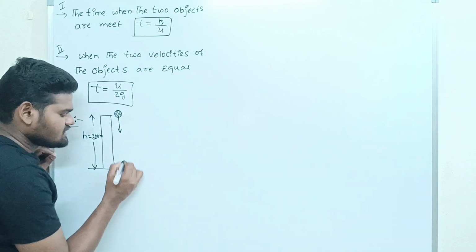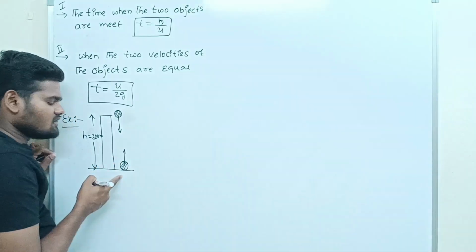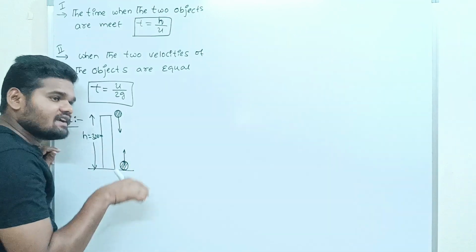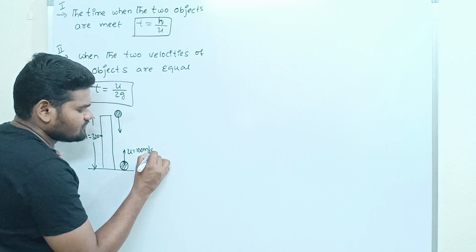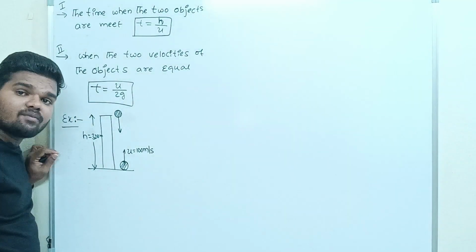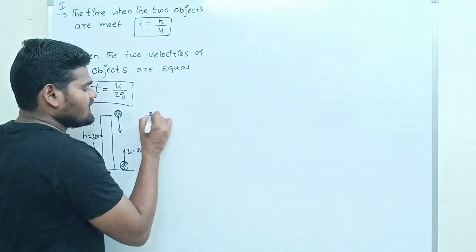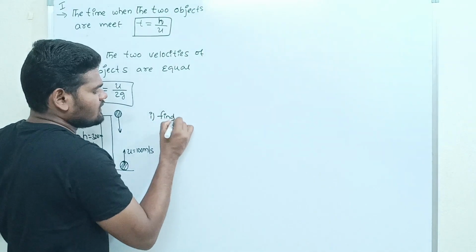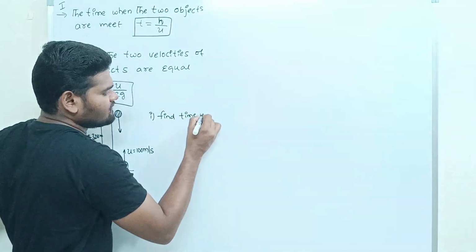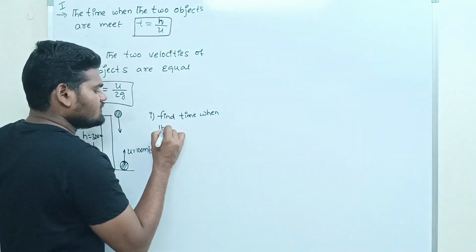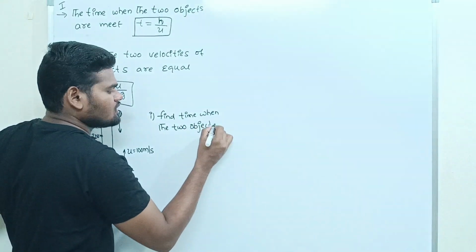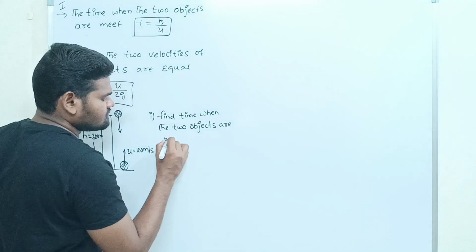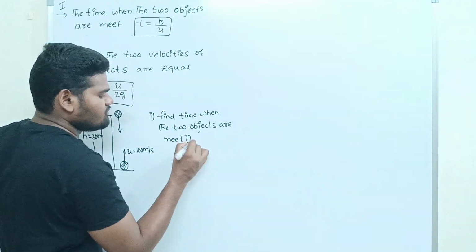At the same instant, one more object is projected in a vertically upward direction with an initial velocity of 100 meter per second. Find the time when the two objects meet.